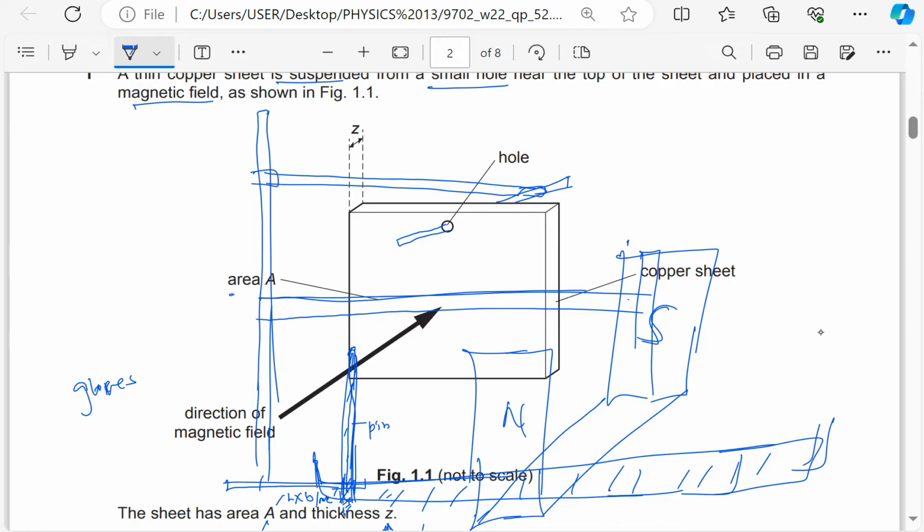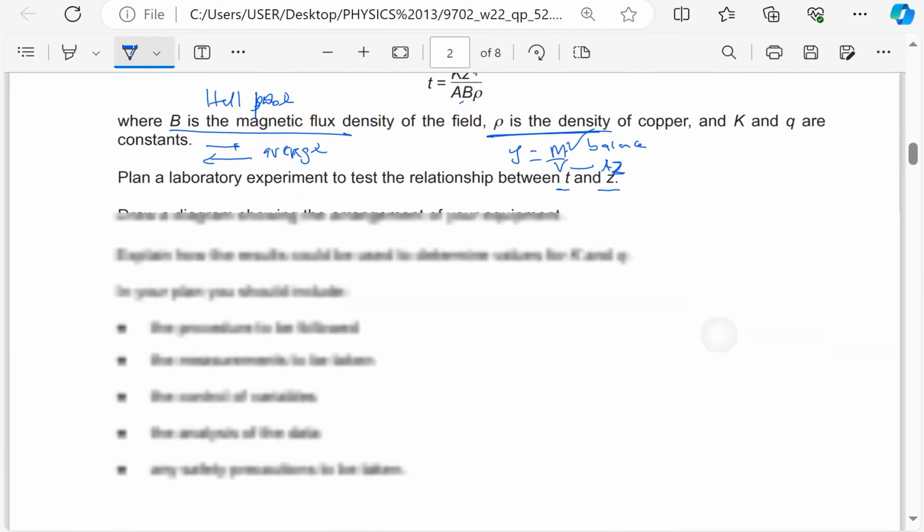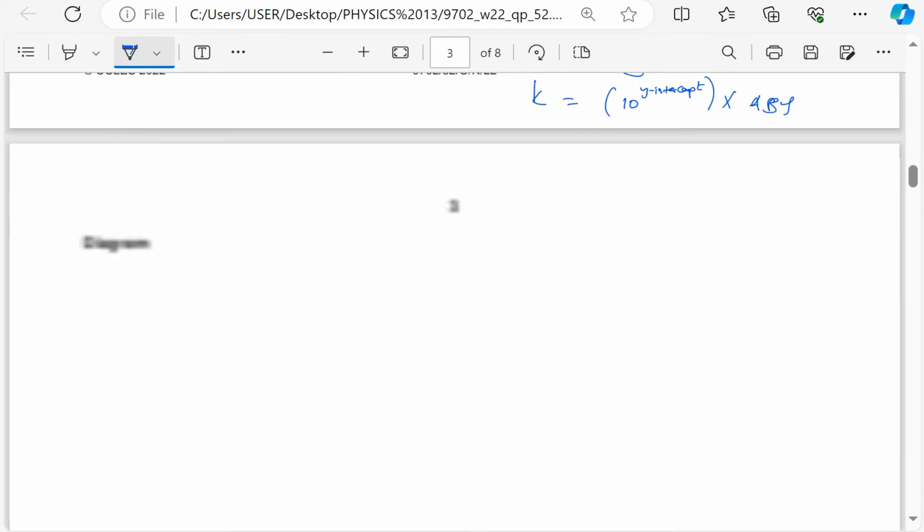This time I'll put the ruler behind on the other side. Okay, so I'll need a ruler so that I always ensure that I displace it through the same distance. Okay, so in this experiment, now I can write the essay.